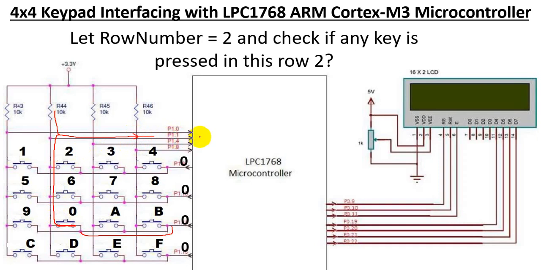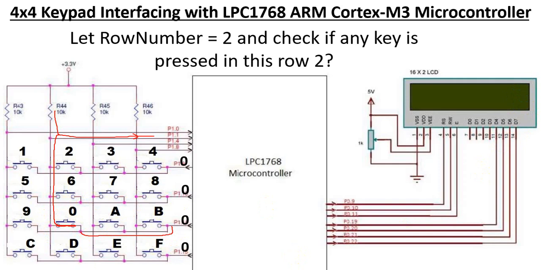And when you receive a 0, it indicates a key has been pressed. So in row number 2 and in column number 1, so this is column number 0, this is column number 1, you find that a key has been pressed. So whichever is that key, that you will be displaying onto the LCD. So this is the logic.